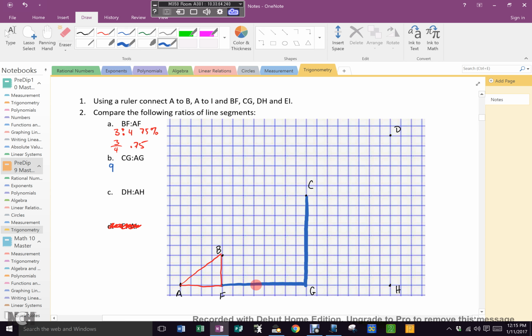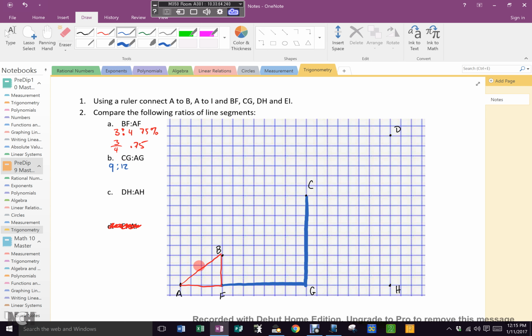How long is that? The whole thing. A to G is 12. Wait a minute. 9/12. What's that? 3/4, which is 0.75 and 75%, isn't it?